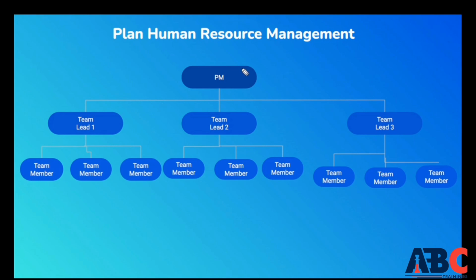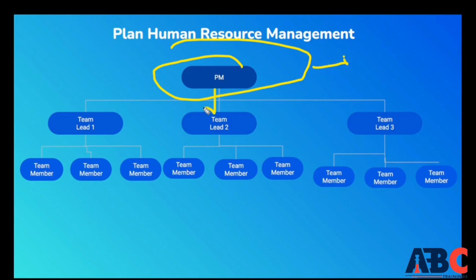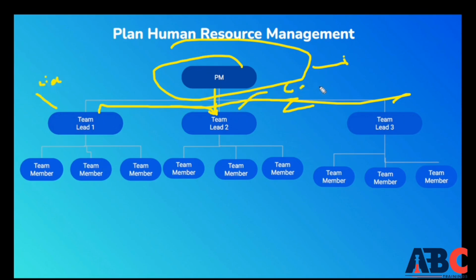Whenever we assign a resource, first comes the project manager, who will oversee your project management. Under that, you will get different team leads, like your electrical contractor, your concrete contractor, your plumbing contractor. You can add all these, or a site supervisor will come. Under this, you can define team members, contractors and team leads, so you will get different levels.